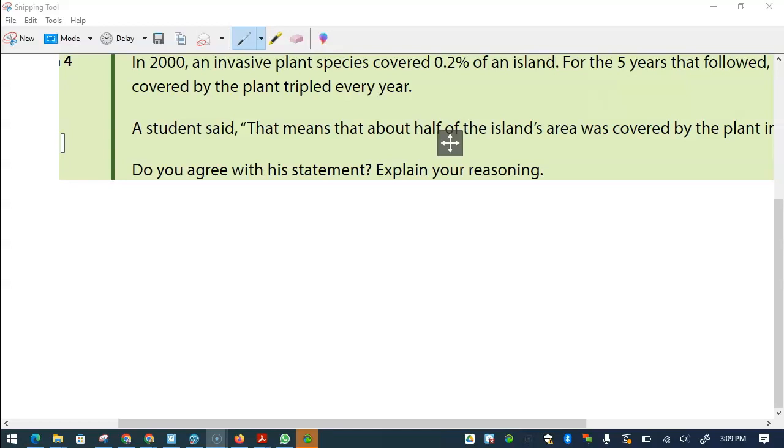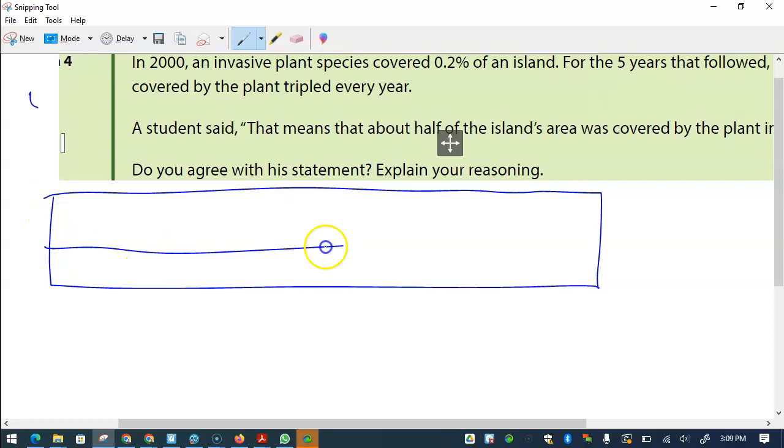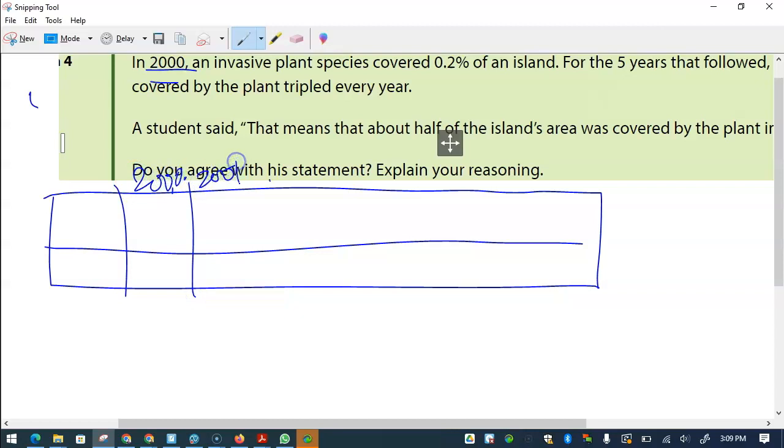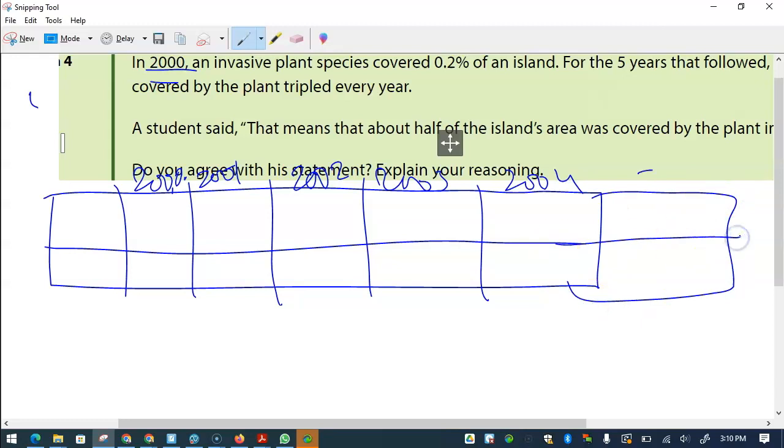Okay, let me visualize what's happening. I'll make a table, because the table really helps. This is 2000, 2001, 2002, 2003, 2004, and 2005.